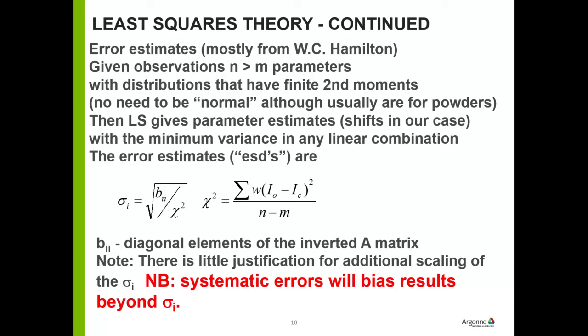Well, all of that is nonsense, because the problem is this: if there are systematic errors, i.e. inadequate models, which is always a problem in Rietveld refinement, the models are almost never perfect. There's always something left over in a powder pattern that you're unable to fit. And that will bias the parameters of the stuff you could fit because of the incomplete fitting. And so that's where all this comes from.